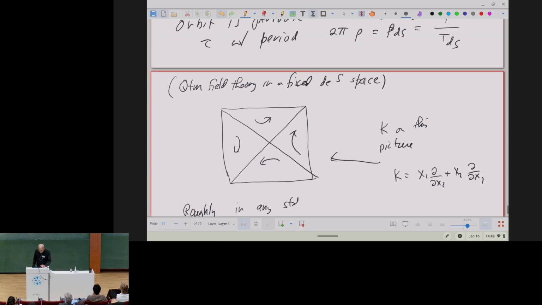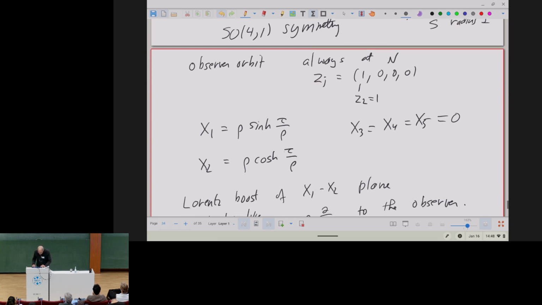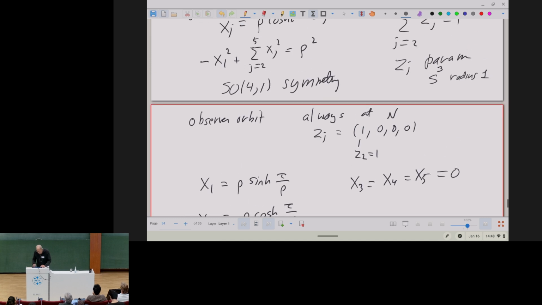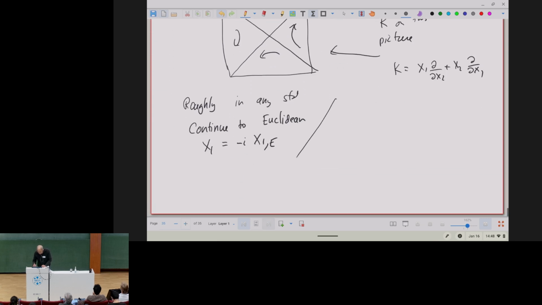And then all that does, as usual, is to flip a sign in the metric. Oh, don't tell me I forgot to write the metric in terms of the x's. The SO(4,1) symmetry was obvious, but I didn't write the metric in terms of the x's. So the Lorentz signature metric is the obvious one with SO(4,1) symmetry. Having written that, now I can assert that in terms of the x's, the symmetry was manifest.